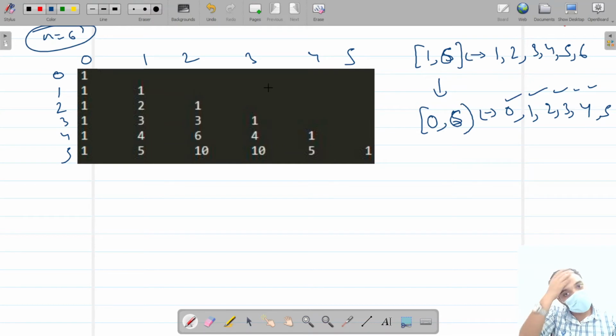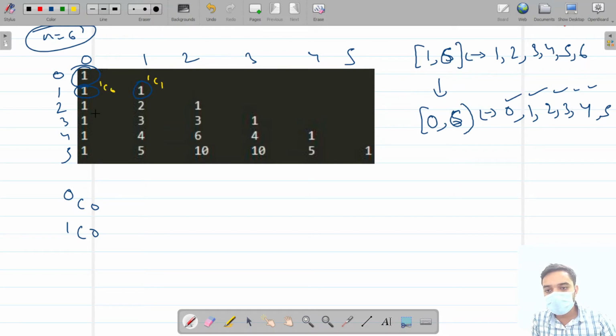Now what I am saying is, this is my 0c0, this is my 1c0, this is my 1c1. See, this is 1c1, this is 1c0, this is 2c0, 2c1, 2c2. You can calculate this the same way.